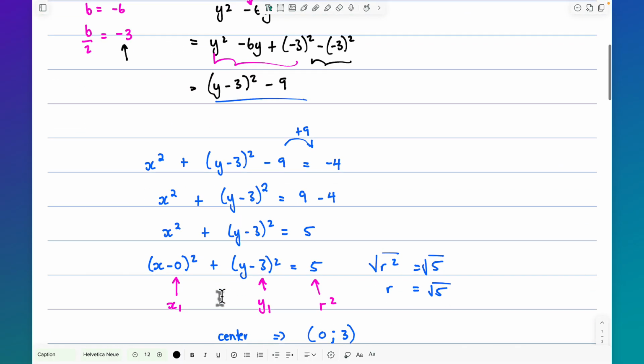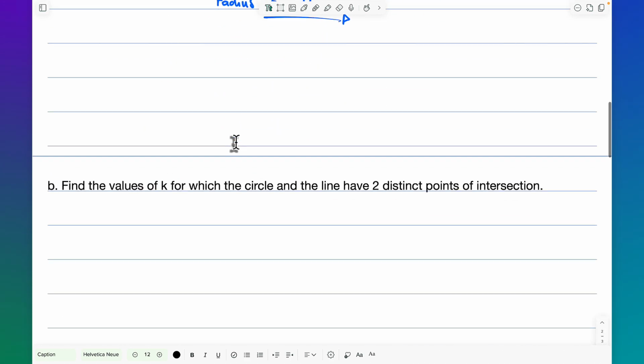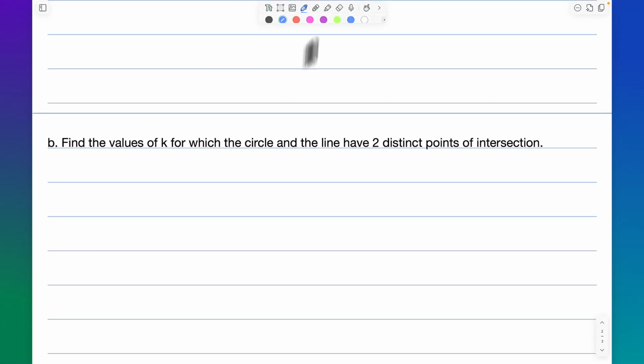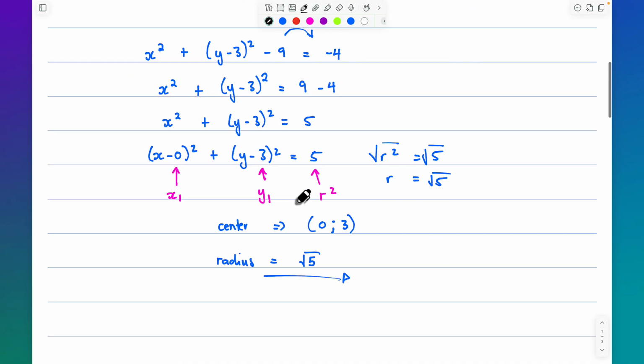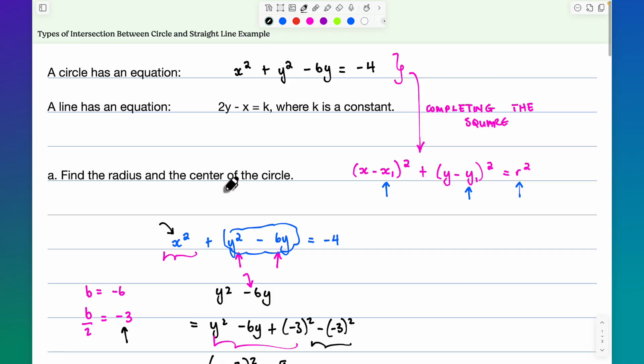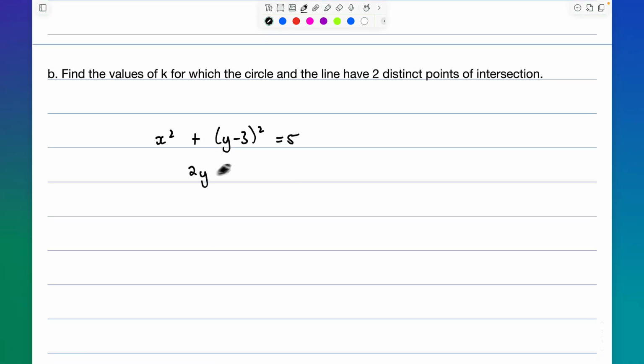You have x squared plus (y minus 3) squared is equal to 5. And then the equation of the line was 2y minus x is equal to k.